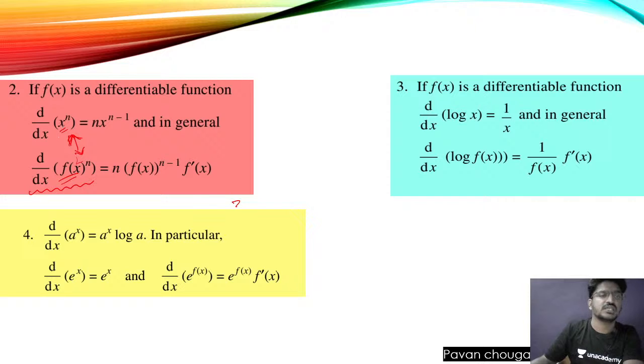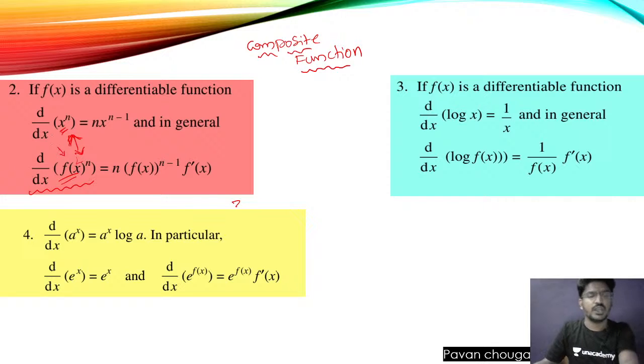The difference is here directly the variable is given, here the function is given. That means this is called a composite function. I think you all know about it. Composite function. This is also very important.